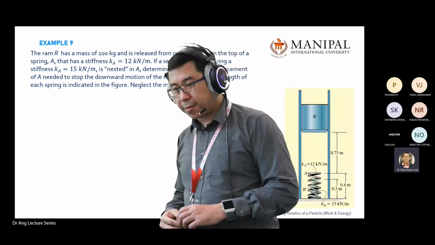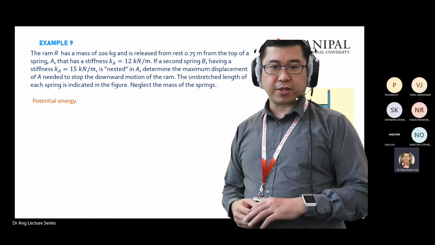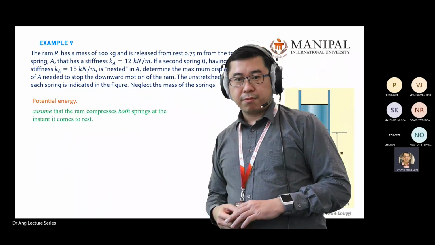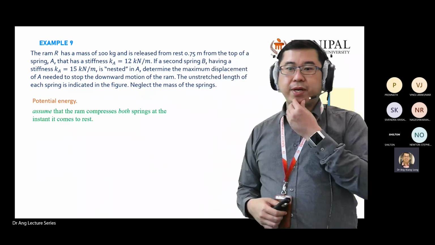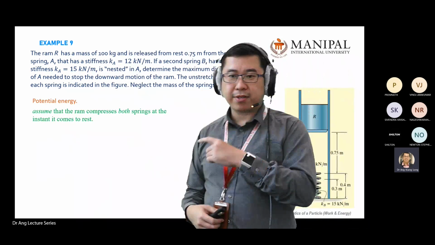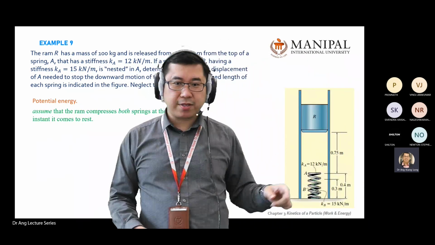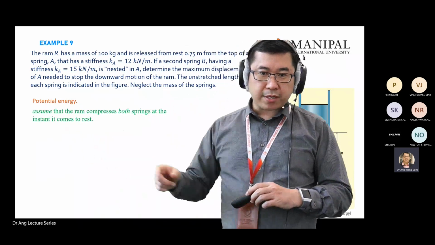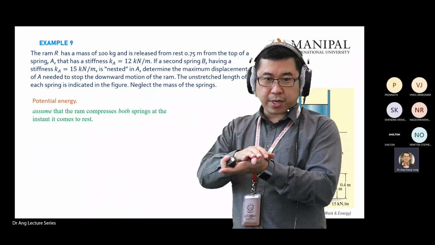Okay. So how do we solve? First is potential energy. So what is the assumption when you solve this question? You assume that when the ramp goes down, both springs will come to rest. So you will compress both springs when it comes to rest.